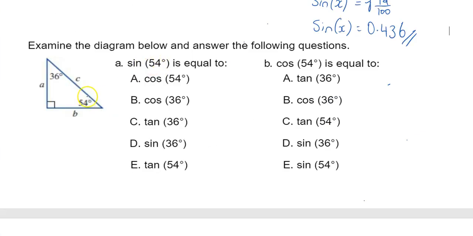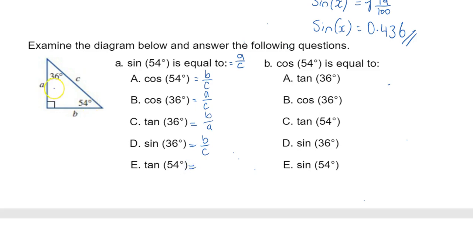Sine of 54, we're looking at opposite over hypotenuse, or A over C. Cos of 54, adjacent over hypotenuse, B over C. Cos of 36, adjacent over hypotenuse, A over C. Tan of 36, opposite over adjacent, B over A. Sine of 36, opposite over hypotenuse.